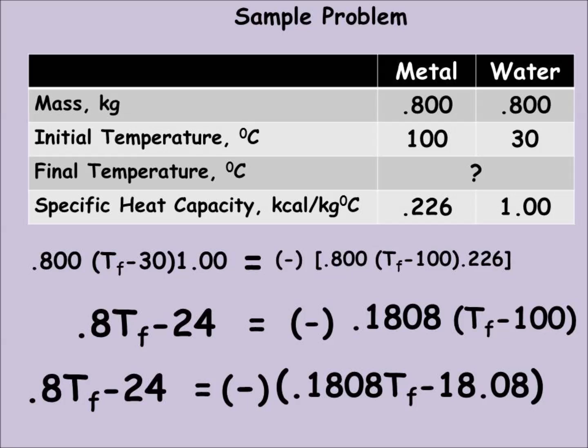So you're at that point now. The next thing you're going to be doing is distributing that negative sign and coming up with the correct answer. So before we begin, make sure that you can get to that particular point.